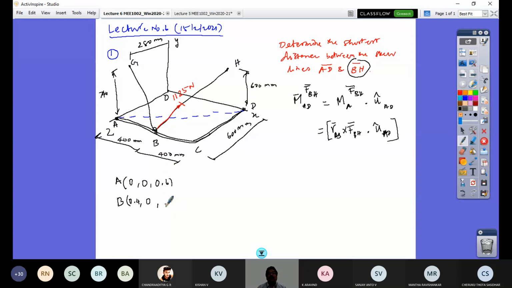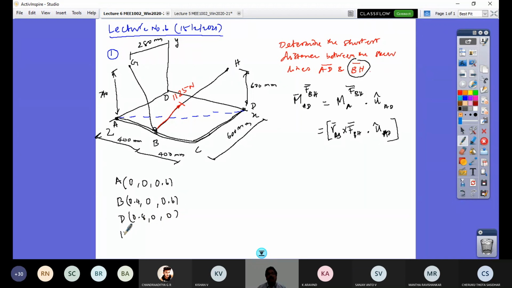Z is 0.6, because of this distance. And now what is the position of D? This point D is on the x-axis at a distance of 800 mm. So it is 0.8, and since it is on the x-axis, 0, 0 for the rest of the coordinates.